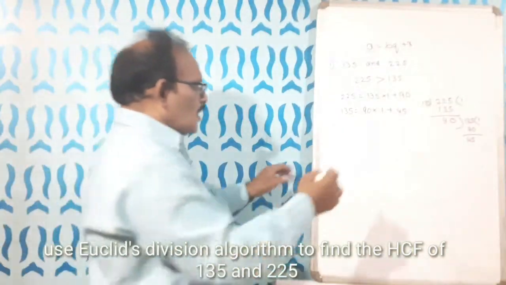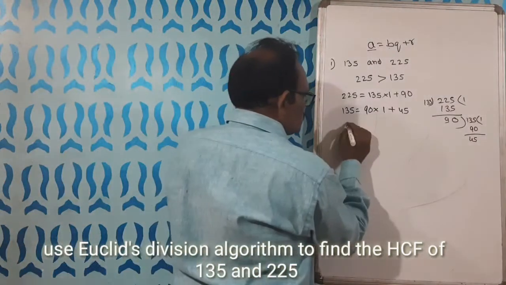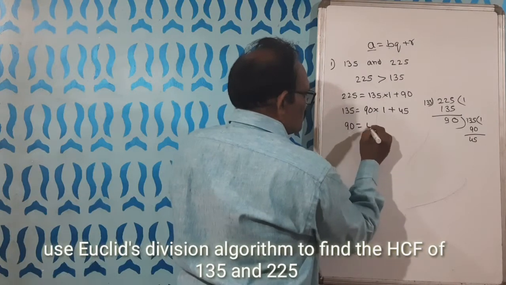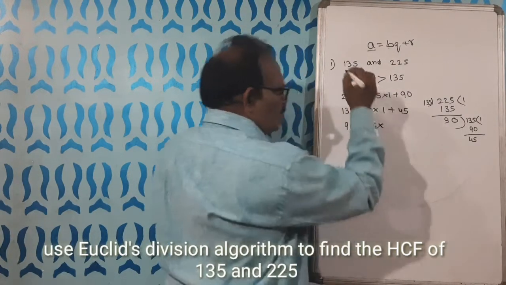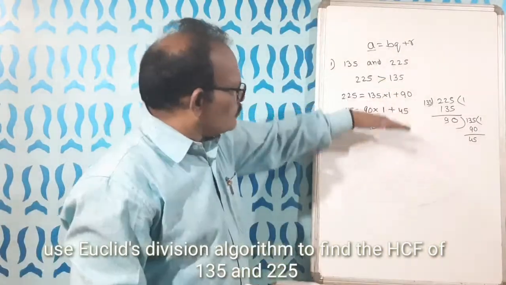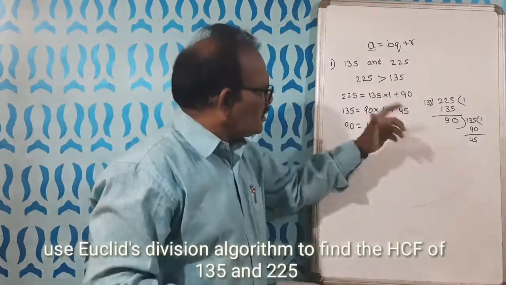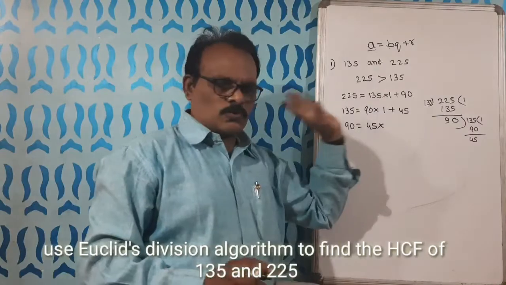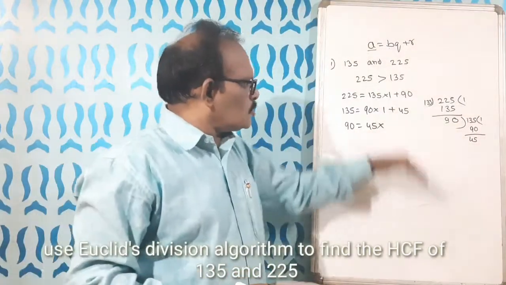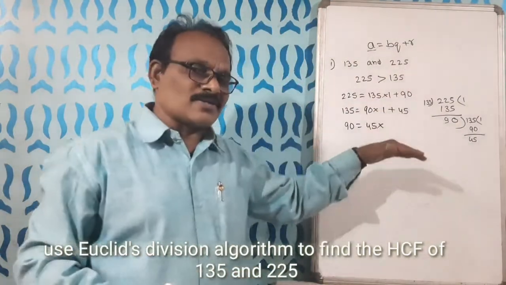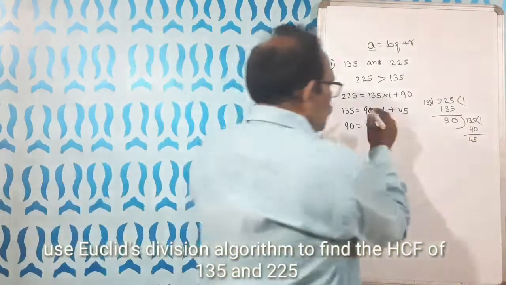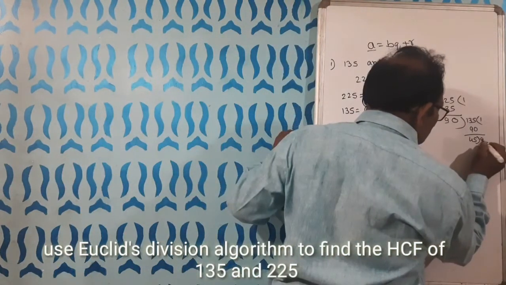Now again, in these two numbers 90 is greater. So 90 = 45 × Q. Again we will see. We have to continue this until the remainder is 0. We have to go on until 0 comes. Okay. So again we bring this 90 here.